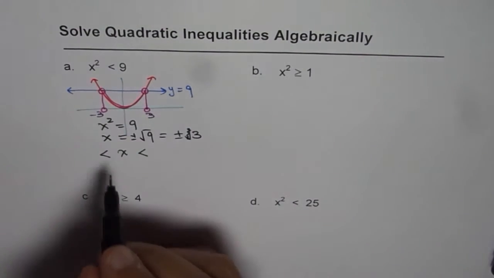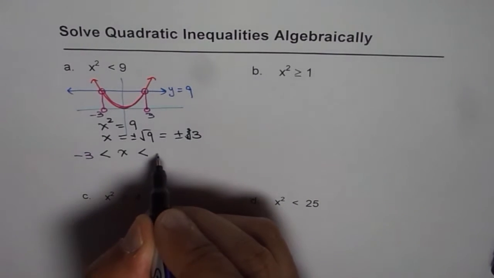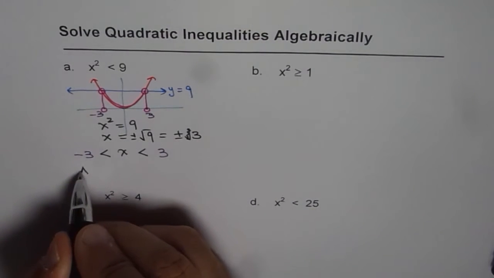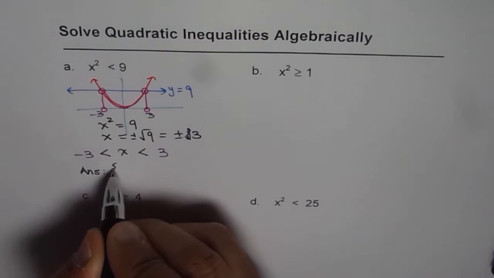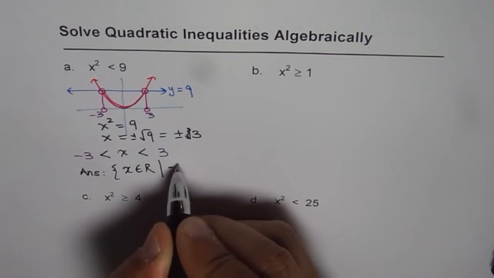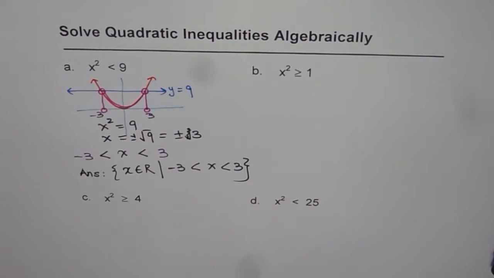And that means the solution is x is greater than minus 3 and less than plus 3. So that is the solution for us. Do you understand now? So we can write down the answer: x belongs to real numbers such that x is between minus 3 and plus 3.